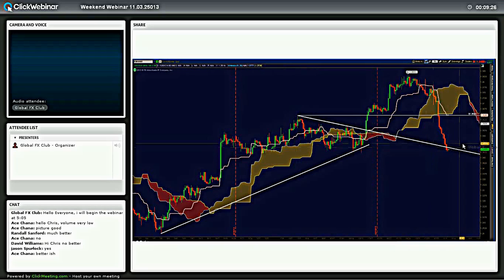For those that do see this and do want to jump in, I just hesitate a little bit because we have to have some type of pullback towards the upside, and that's basically what I'm looking for right now. So pretty much staying out of euro, and if price does come back towards the upside, then looking towards this 4-hour Kijun combined with that 1.3645 level for a possible short entry.